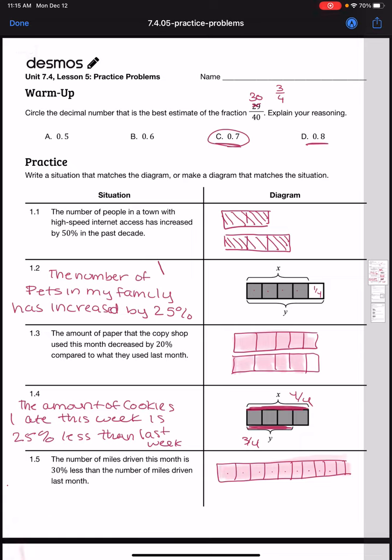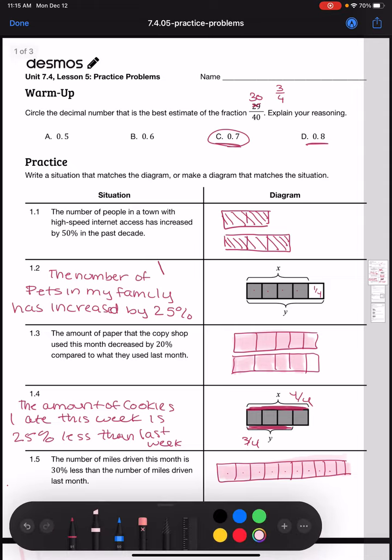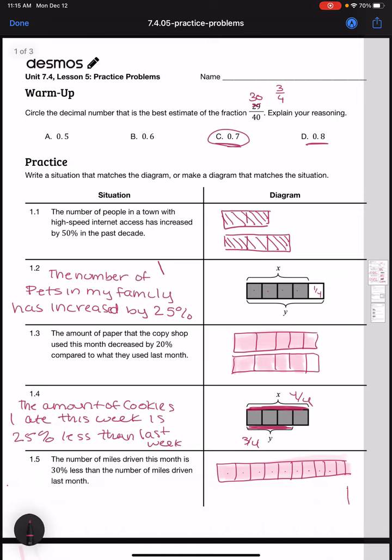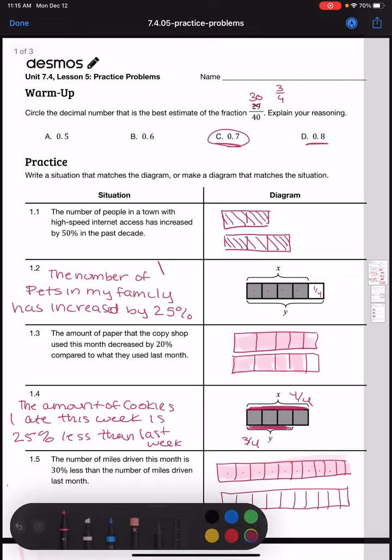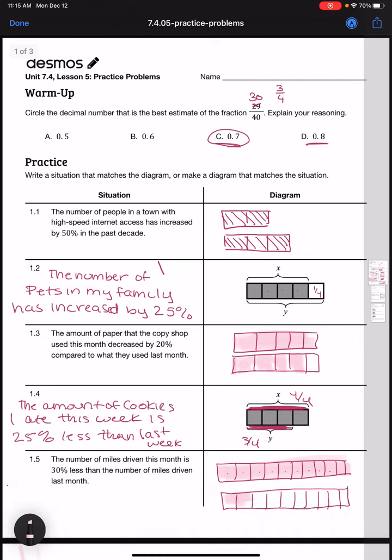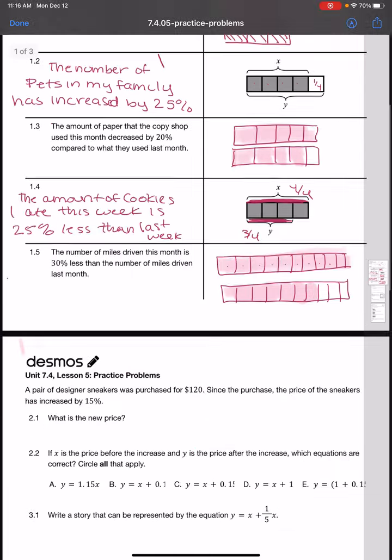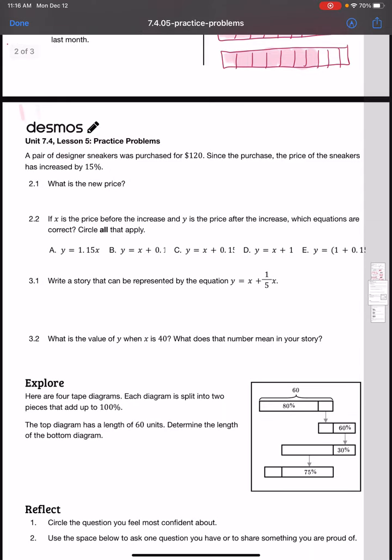This month we are driving 30% less. So 100 minus 30% is 70%. I'm going to draw a very similar chart, but this time I'm only going to color in 7 of my boxes because I'm doing 30% less. So 40, 50, 60, 70.